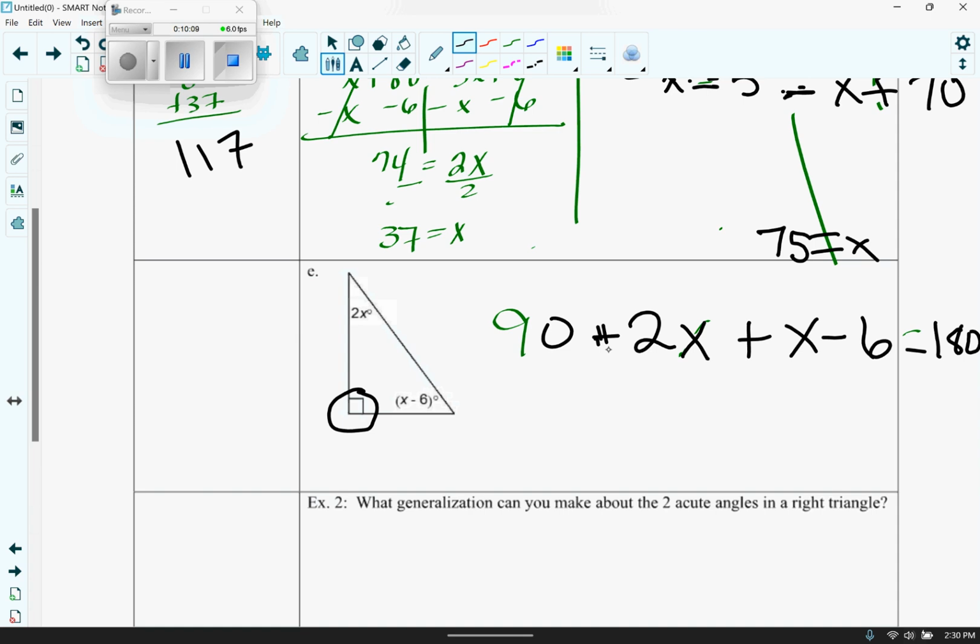When you solve that, you should end up with x equals 32.